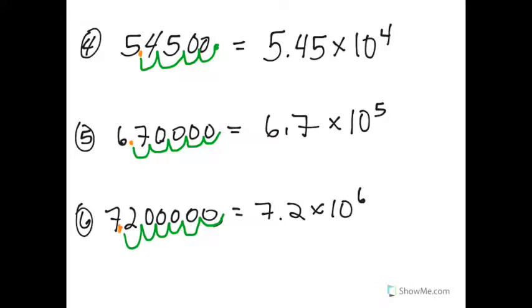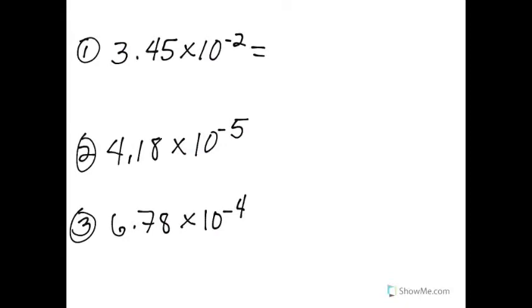Okay? So these are a little different. As you can see, your exponents are negative. So if you look at the exponent right here, it is actually negative. That just means that the decimal point will go the other way.